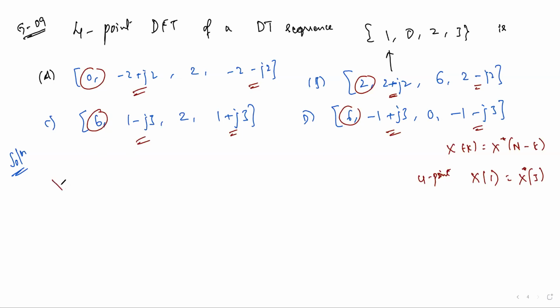What is the third element? X of 2. Here x of 0, x of 1, x of 2, x of 3 are given.